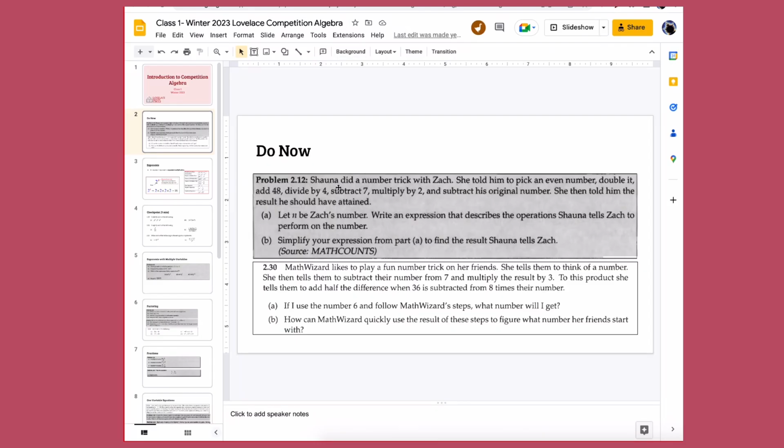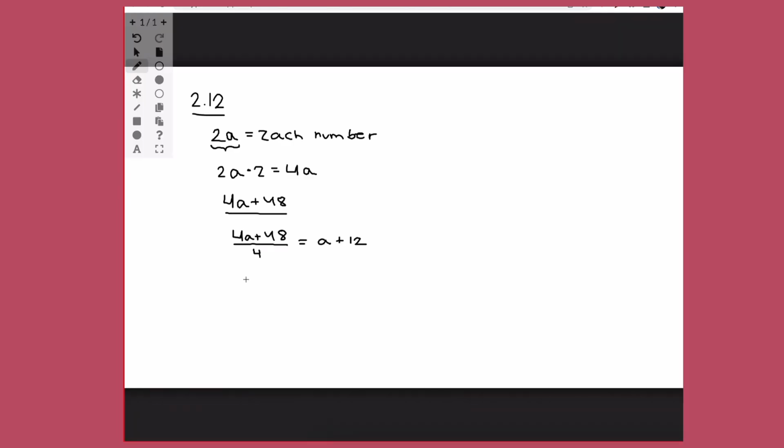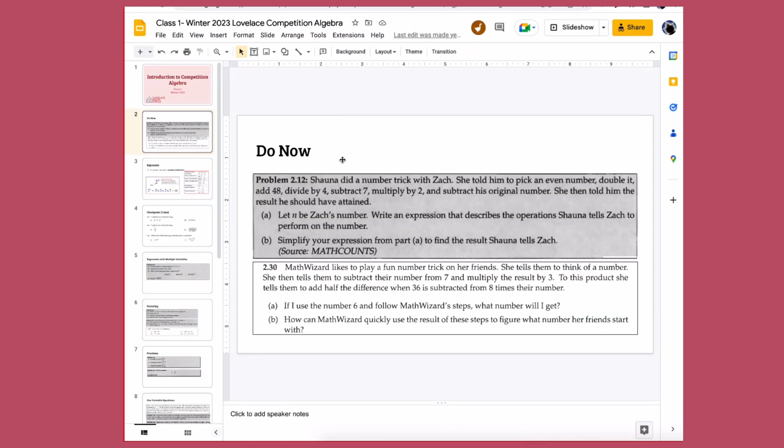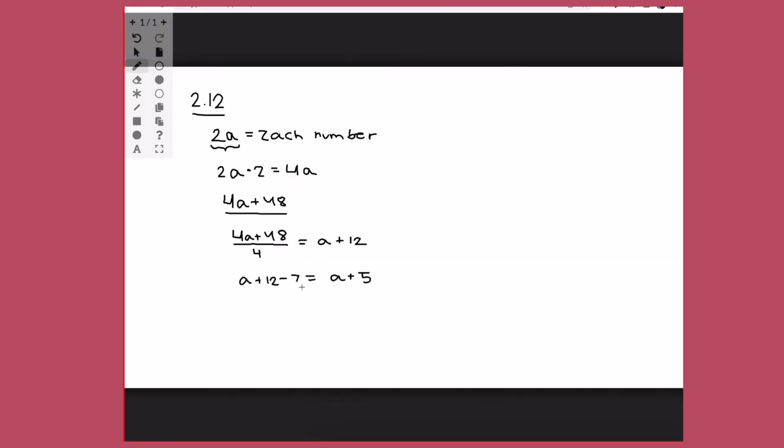After dividing by 4, you subtract 7, and then multiply by 2. So let's first subtract 7. This is a plus 5. And then multiply by 2. 2 times a plus 5 is 2a plus 10.